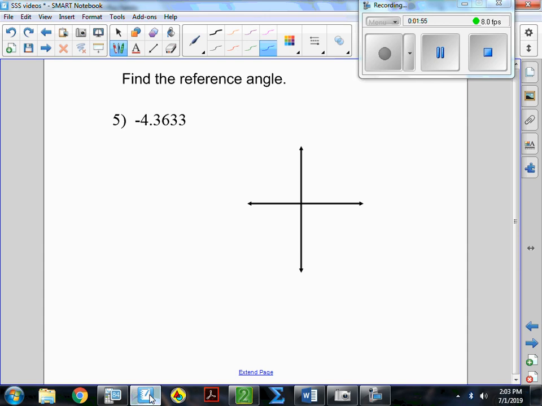Now I have a negative value, which means I'm going to be going clockwise around the graph. So negative 1.57 radians is going to be right on the bottom where 3 pi over 2 normally is. Negative 3.14 radians is going to be right across that pi because we start at 0. So that's negative pi.